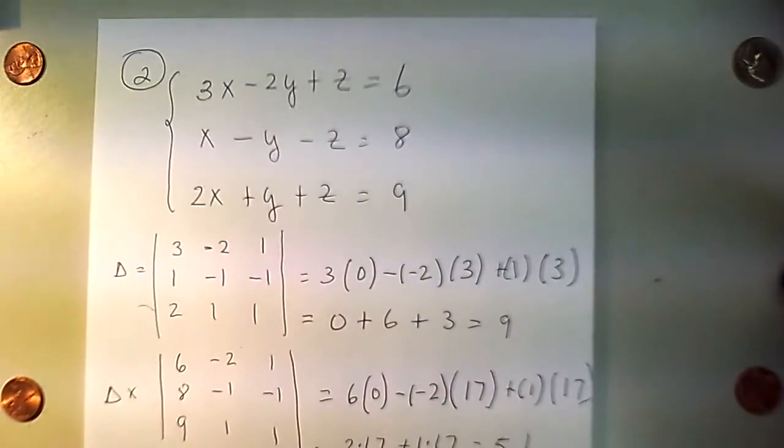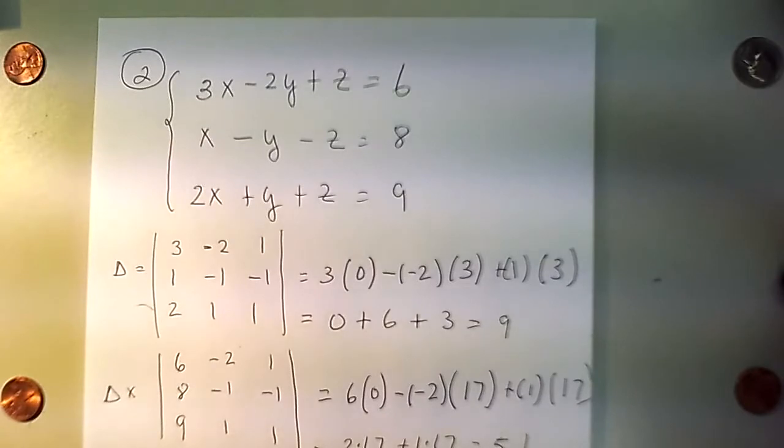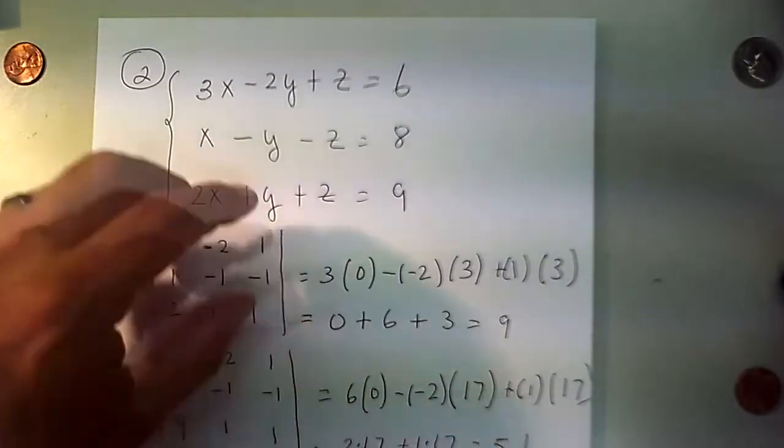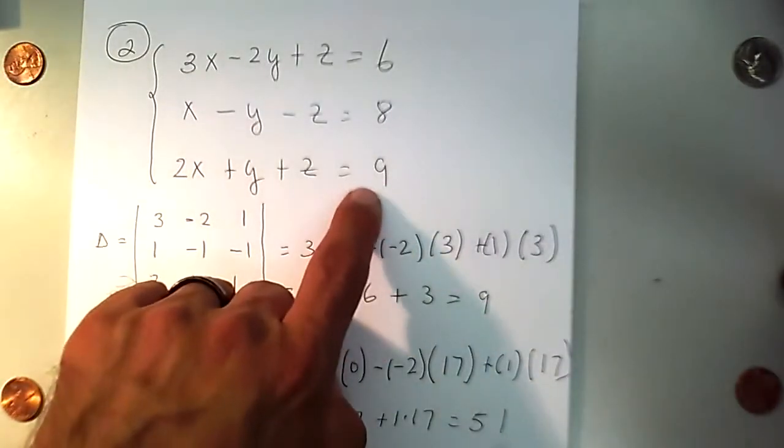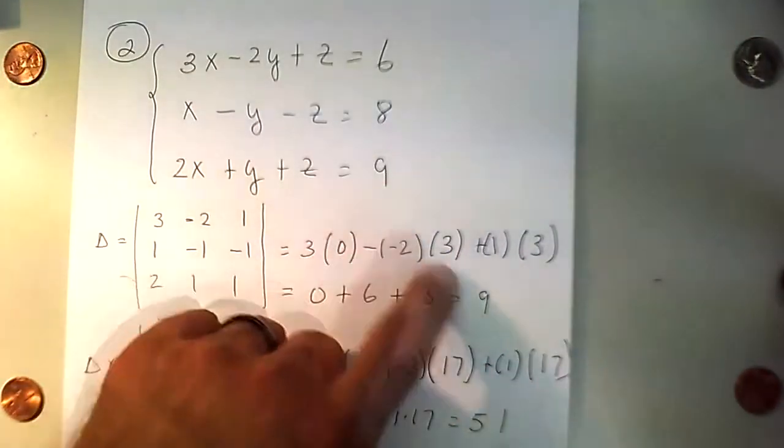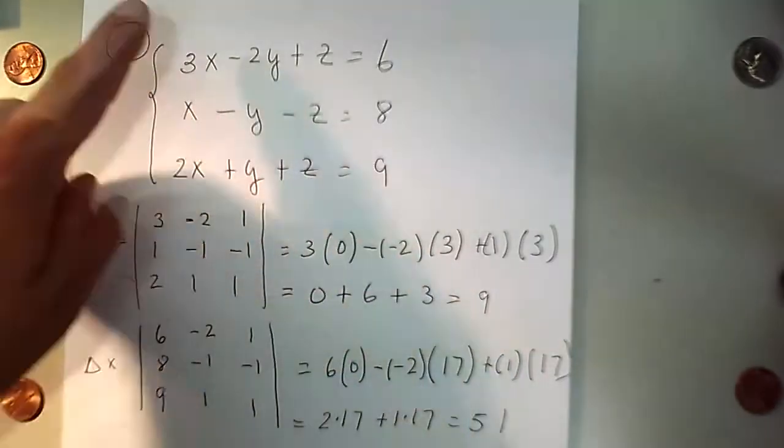But one thing that I have seen is that by doing that, we are going to end up with a bunch of fractions with denominator 9. I don't think this 9 has anything to do with this 9. That is a coincidence.